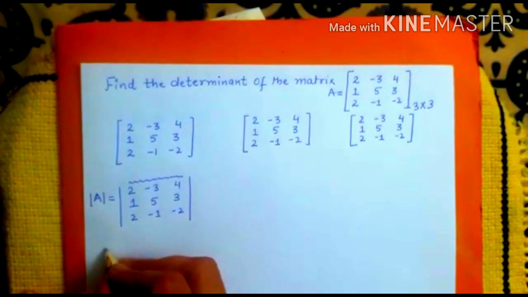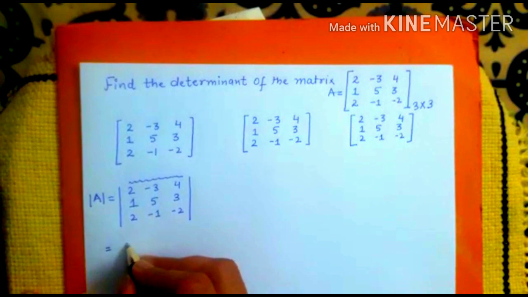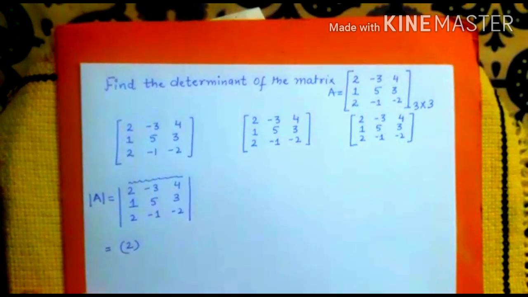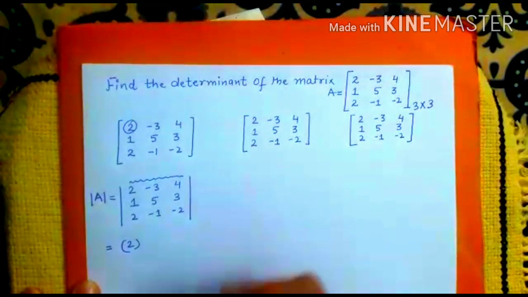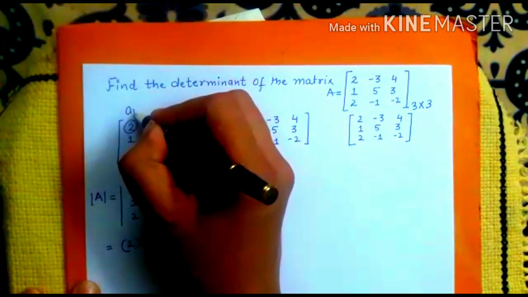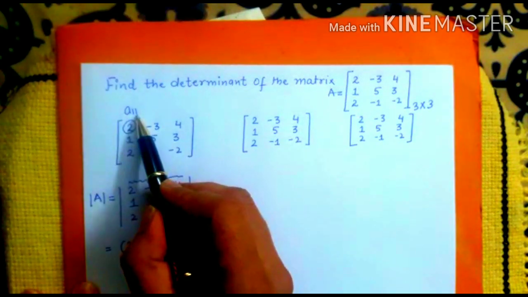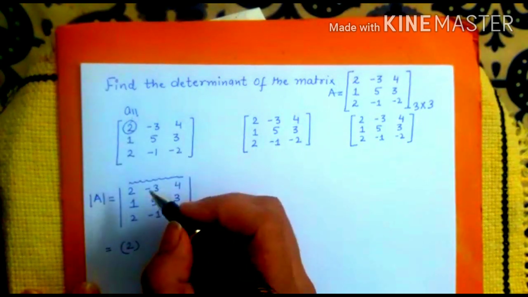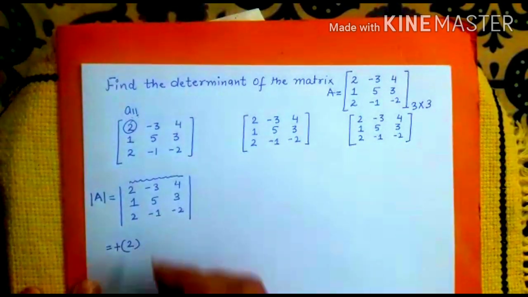So take the first element of the first row, which is 2. This element, its position is A11. Here i plus j is equal to 2, which is even, so I take here plus sign.